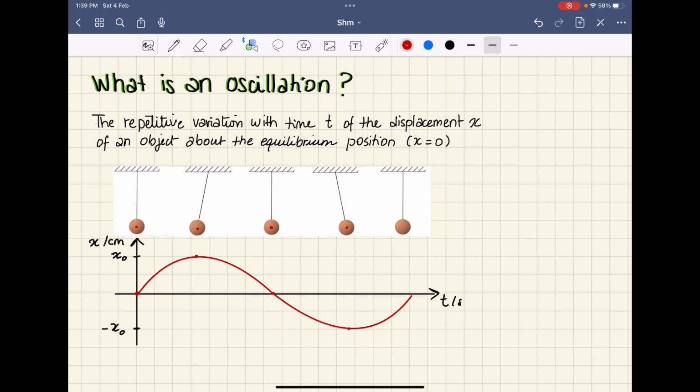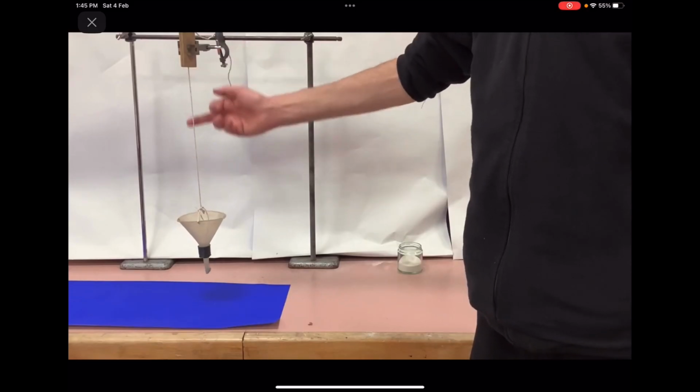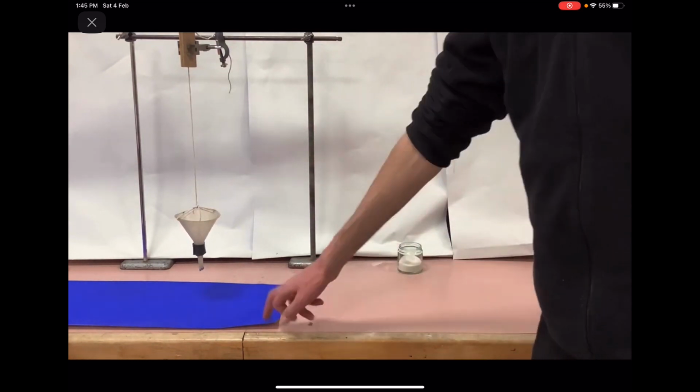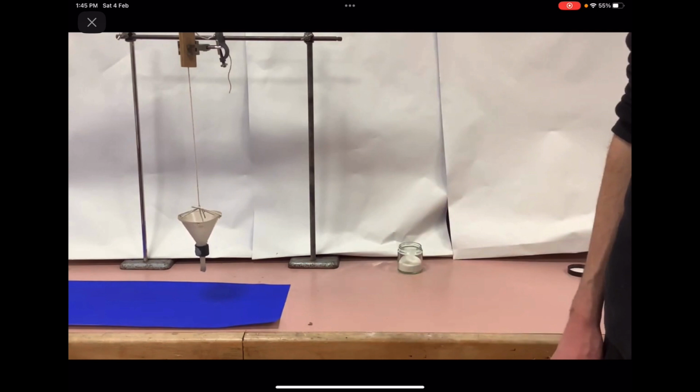Something like this. This represents one full cycle. It's called the period, denoted as T, in seconds.